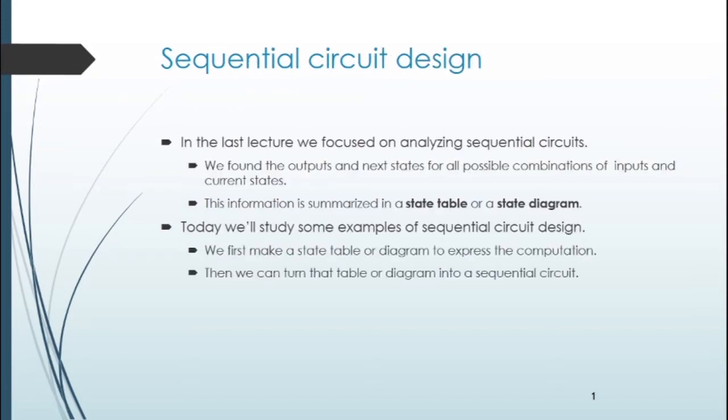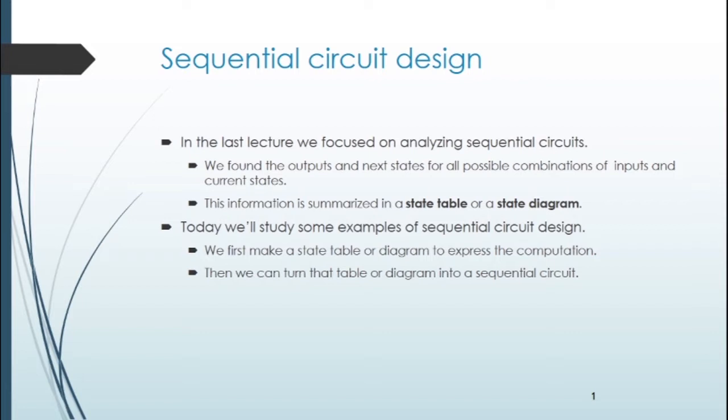Okay then, sequential circuit design. In the last lecture we focused on analyzing the sequential circuit. We found the outputs and next state for all the possible combinations of inputs and current states from the circuit. This information is summarized into a state table and finally into a state diagram that represents the working of a sequential circuit.